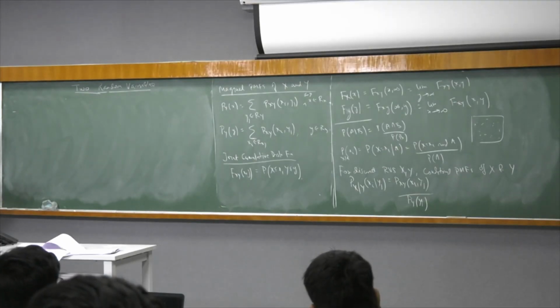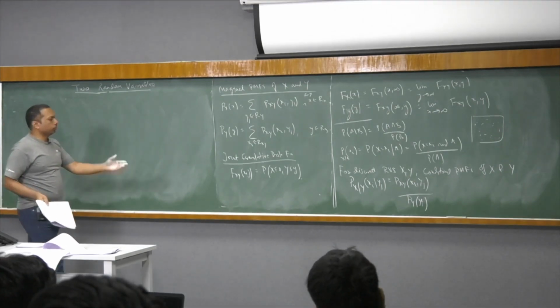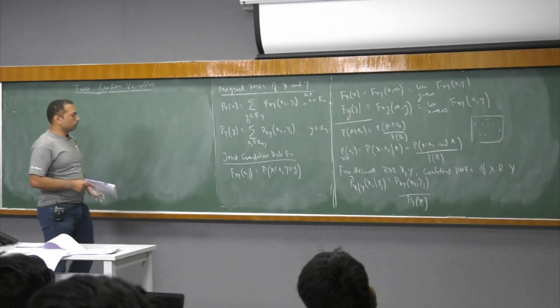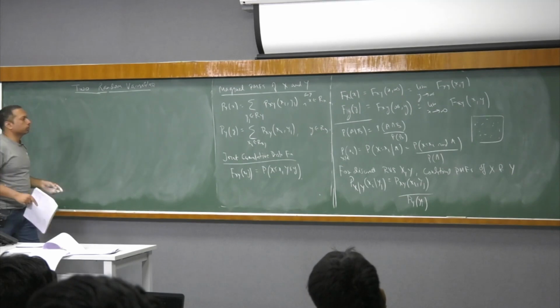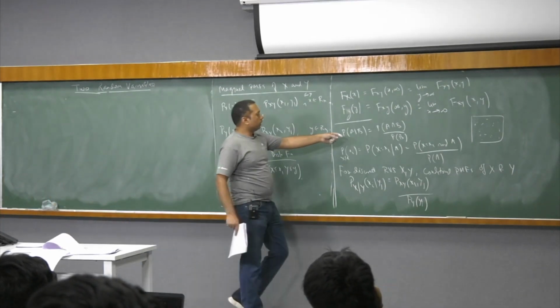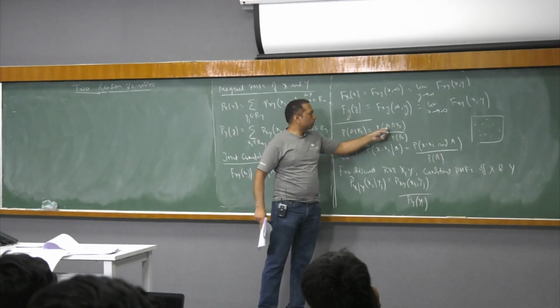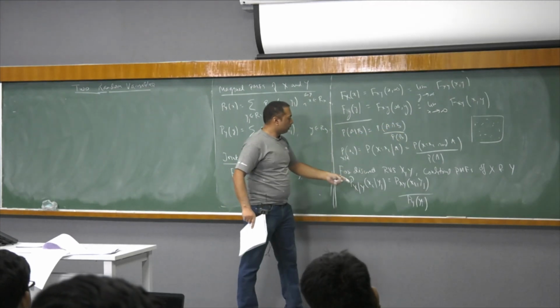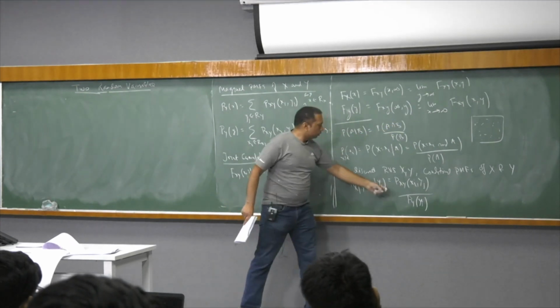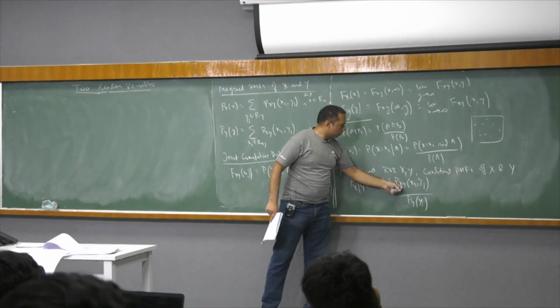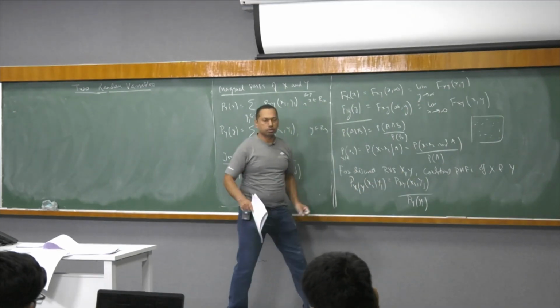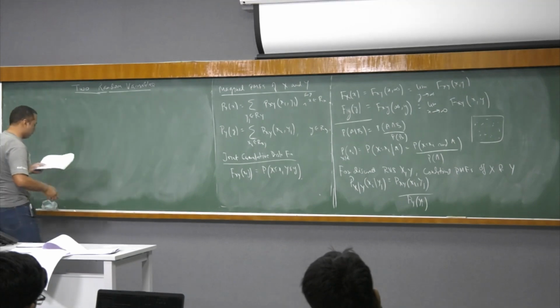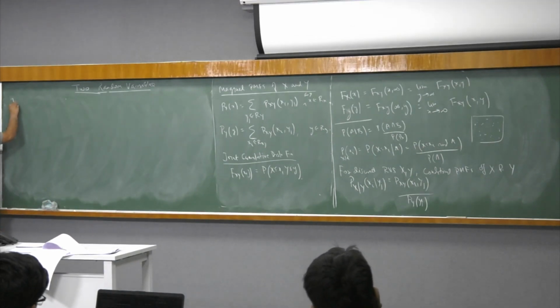Okay, so now with this we can also define independent random variables. Two events were independent if the joint was the product: probability of A intersection B is probability of A times probability of B. The same thing will be extended here. So x and y will be independent if the probability of the joint is the product of the marginals.